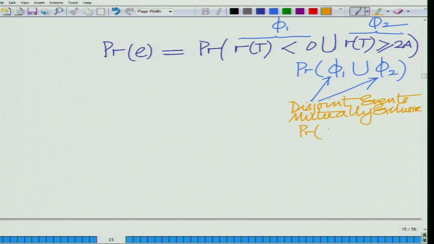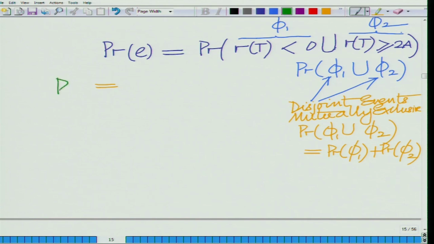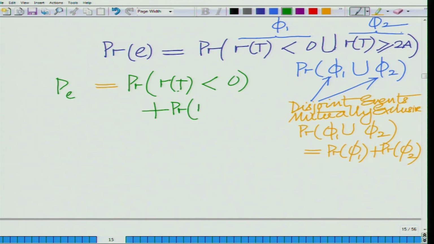So, the probability of phi 1 union phi 2, from knowledge of probability and random processes, which is again very important, as I have said many times before, is equal to the probability of phi 1 plus the probability of phi 2. Therefore, the probability of error P is equal to the probability of phi 1, which is the probability that RT is less than 0, plus the probability of RT being greater than or equal to 2A.